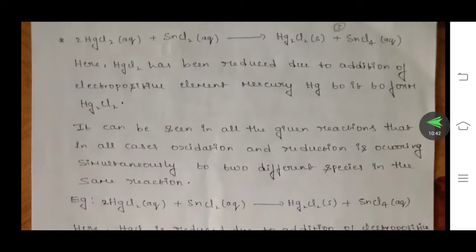It can be seen in all the given reactions that in all cases oxidation and reduction are occurring simultaneously to two different species in the same reaction.